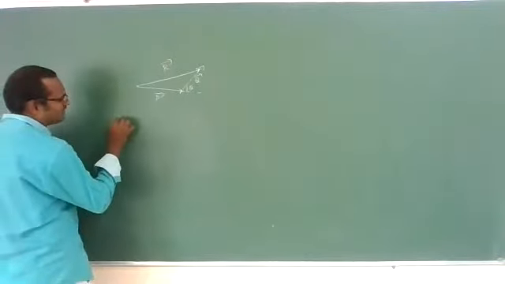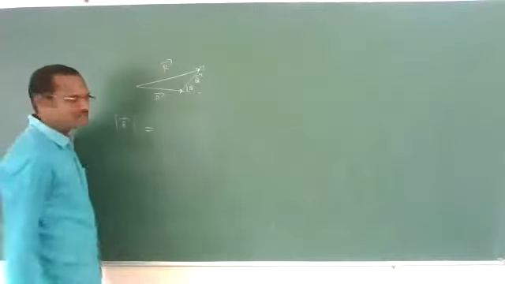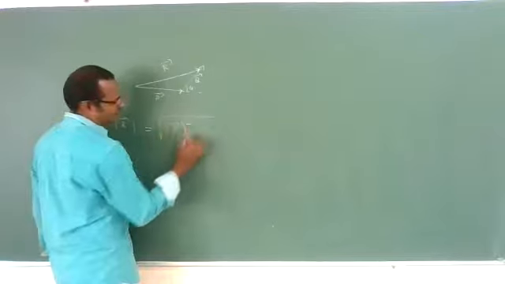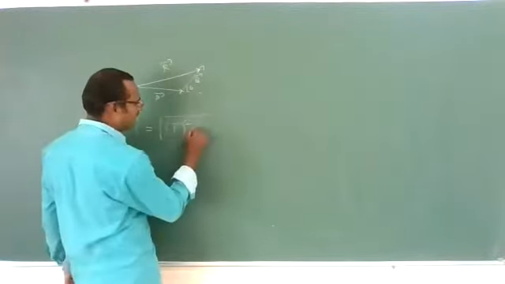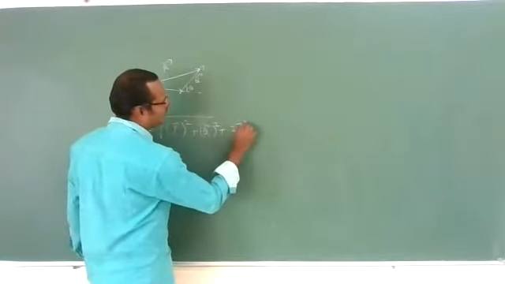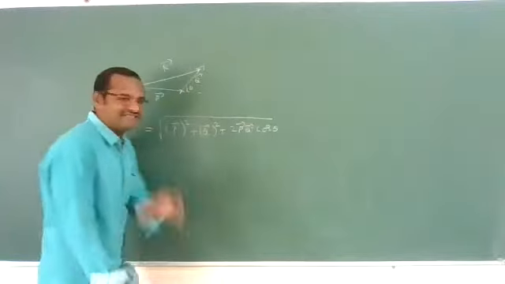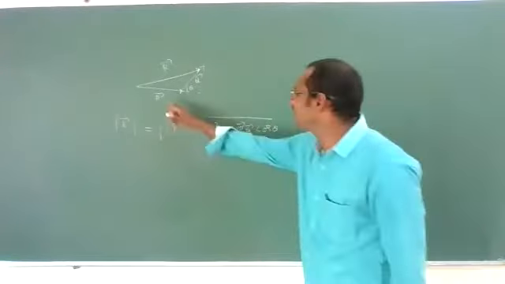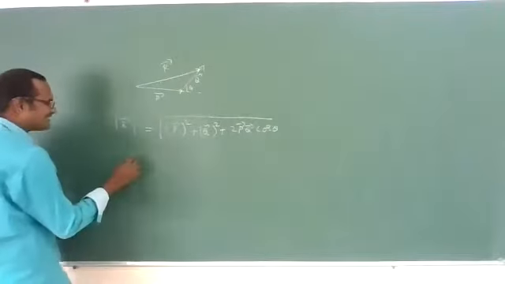The magnitude of r bar is the square root of p square plus q square plus 2pq cos theta. This gives the magnitude of the resultant of the two vectors p and q. Clear?